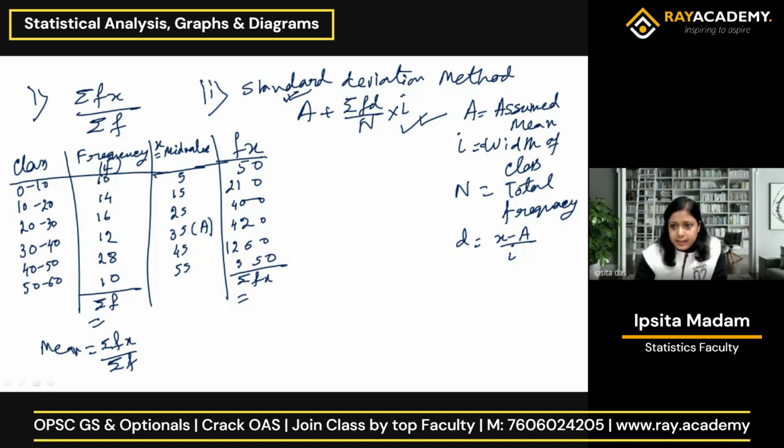Now for D, D is equal to x minus A by i. That means i here is 10. 5 minus 35 by 10, it will be minus 3, minus 2, minus 1, 0, 1, 2.